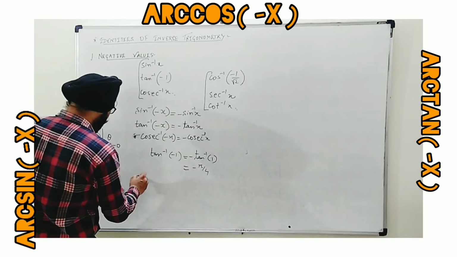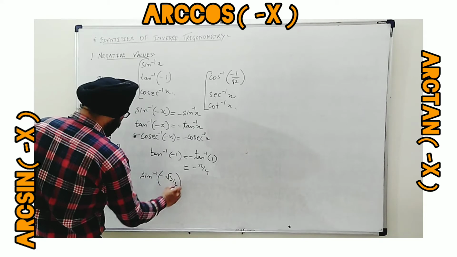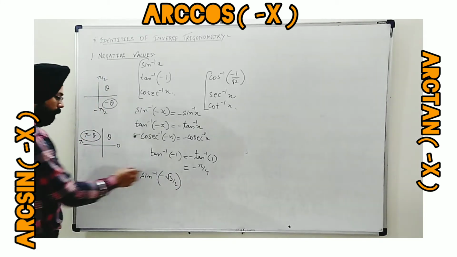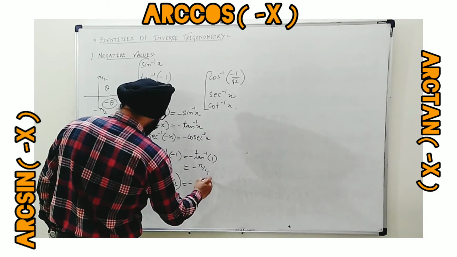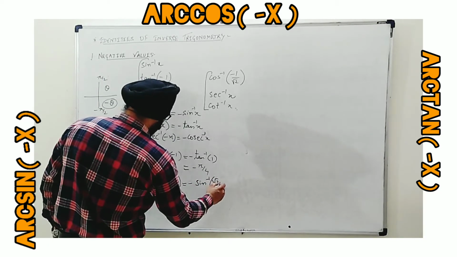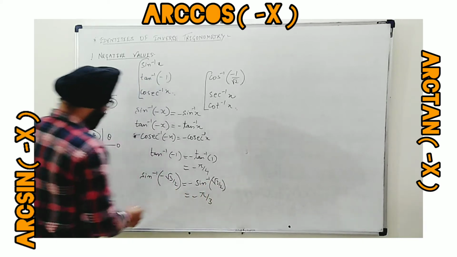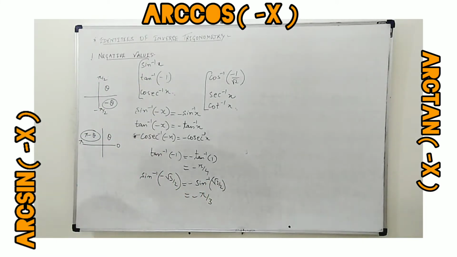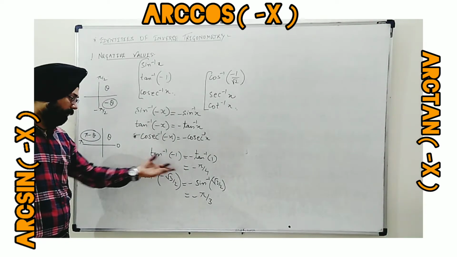Now if I take sine inverse of minus root 3 by 2, this becomes minus sine inverse root 3 by 2, and putting the value, 60 degree, we get minus pi by 3. This was for the group of sine inverse. We can easily take the minus sign out and write the answer.